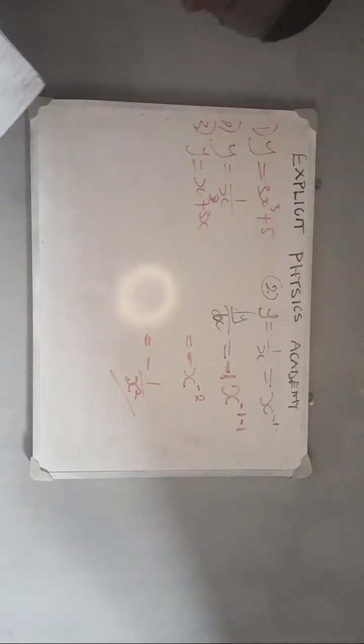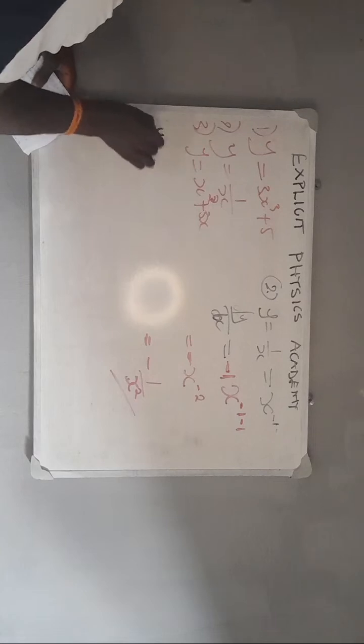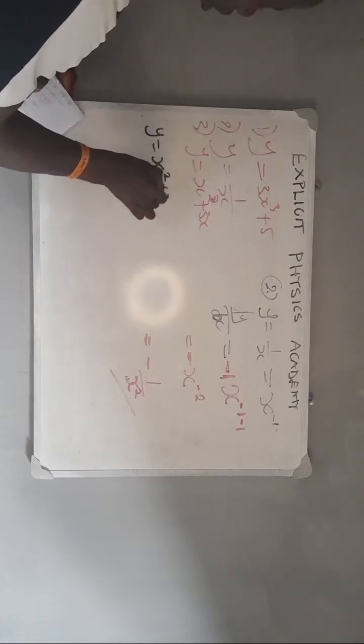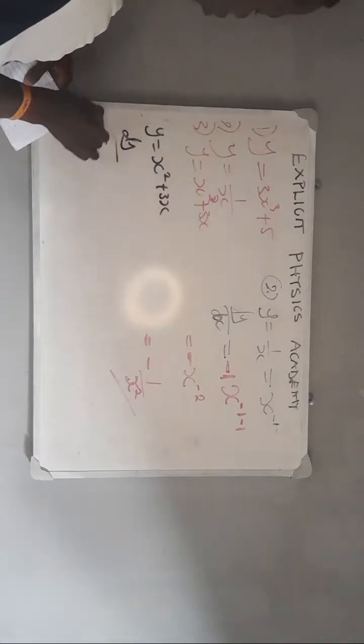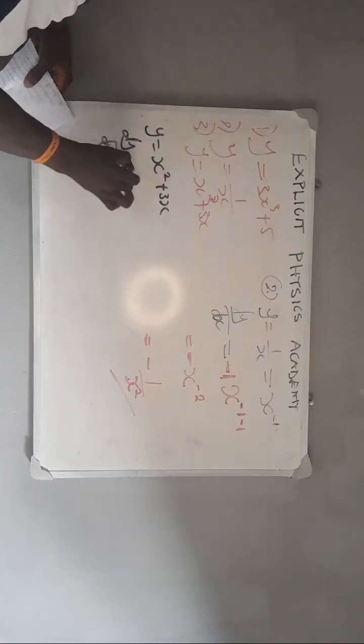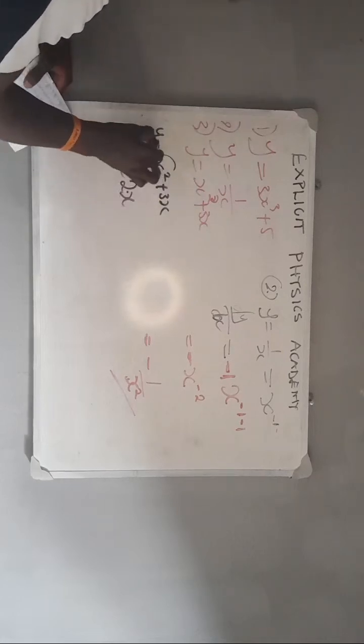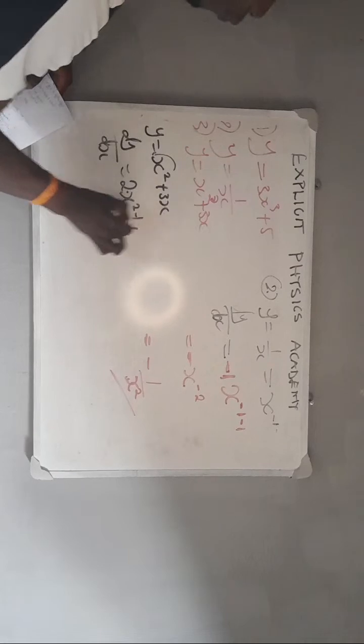All right, let's solve the last one. Our y is equal to x squared plus 3x. So dy/dx, using the short trick, the 2 comes down: 2x^(2-1) plus 3.